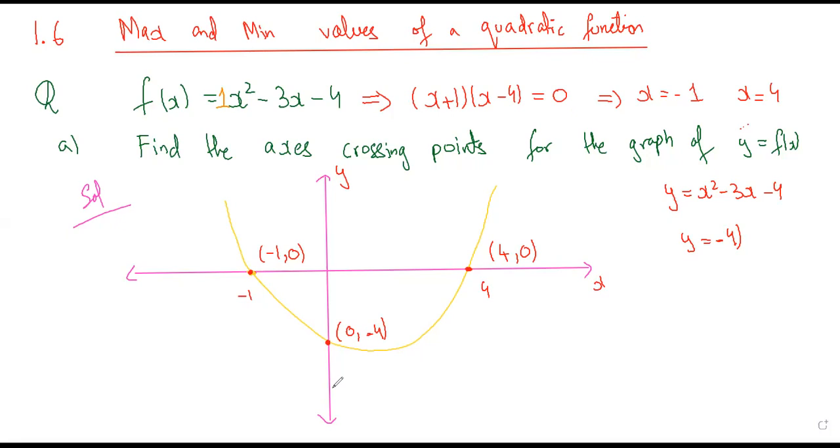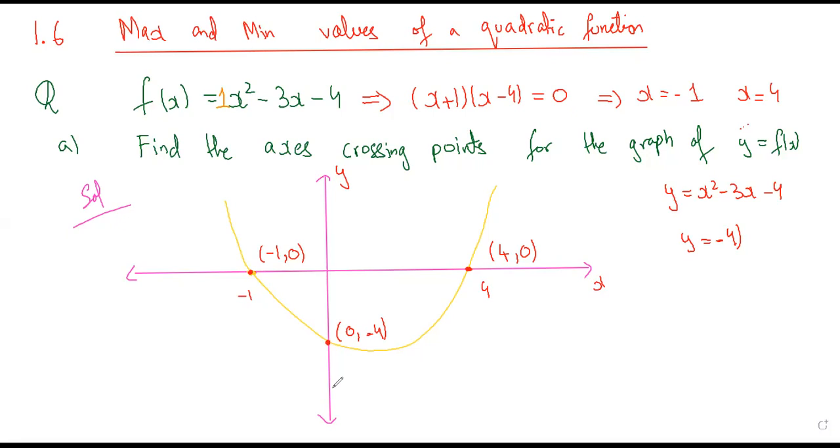Second, I need to see at which points exactly the yellow curve would cut the x-axis. For that, I need to solve this equation. How do we solve a quadratic equation? We know that already, right? So I solved the quadratic equation and got x equals minus 1 and x equals 4. Now I know that my yellow graph would be a U-shaped graph touching the x-axis at minus 1 and 4. And that is how I made the graph.